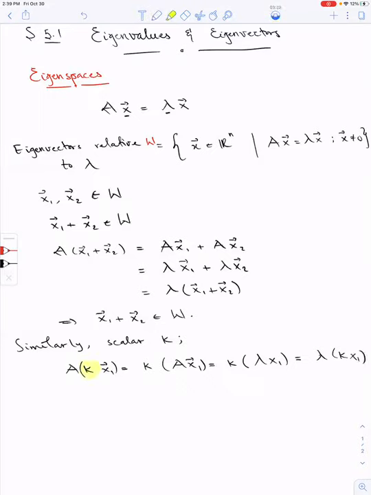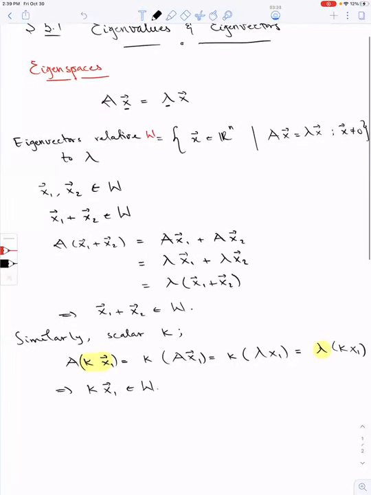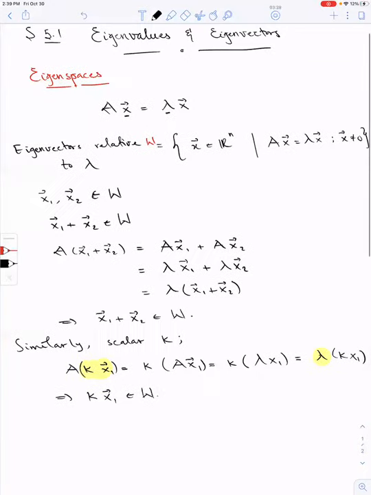Because when I multiply by kx1 the lambda pops out, it tells me that kx1 is in W. So what this means is that the set of eigenvectors is closed under both addition and scalar multiplication. But what's the one thing it needs to be a subspace? 0.